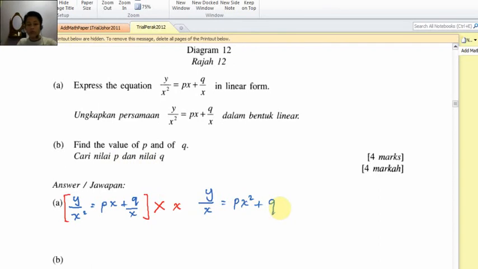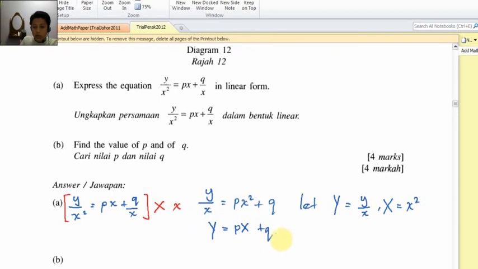So this is the linear form. Then we substitute. Let capital Y equal to y over x and capital X equal to x squared. So we can turn this into a linear form, becoming capital Y equal to p capital X plus q.